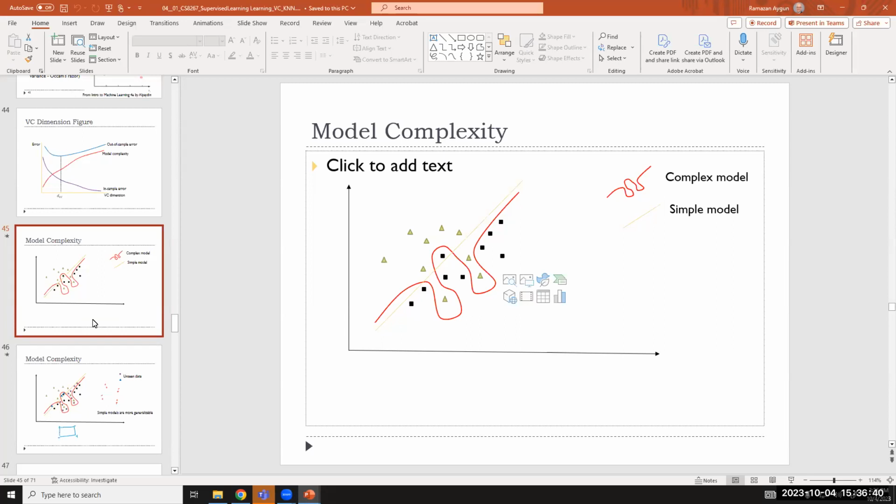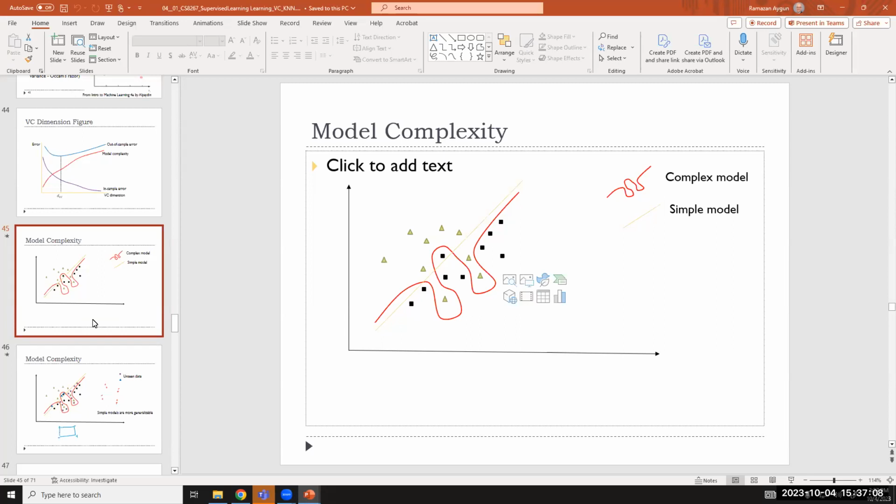If that is the case, you cannot be sure that the model will really work in real life, because that is too powerful. It can adjust itself very well to the training set. So we need a hypothesis set, a model that is generalizable. It works on the training set, and it should also work in real life. That is the main concept here.